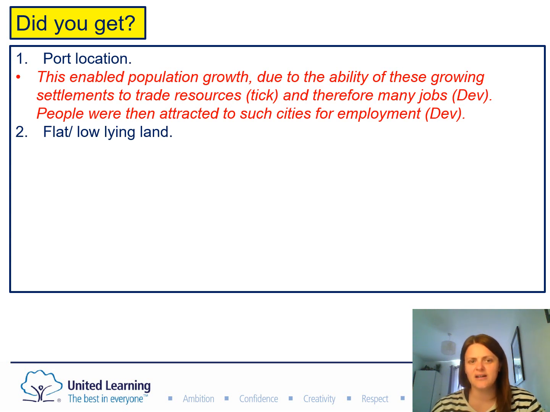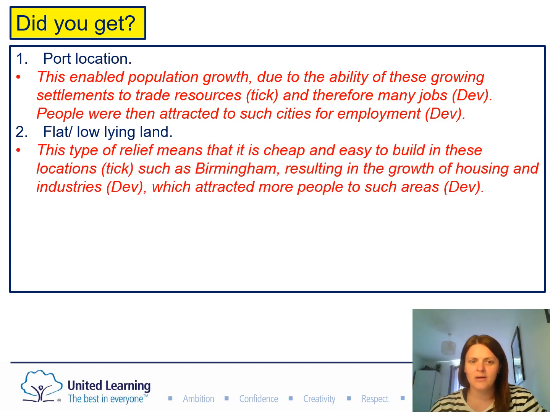Flat or low-lying land like Manchester, why do people want to go there? Well, if it's flat, this means it is cheap and easy to build in these locations, such as Birmingham and Manchester, resulting in the growth of housing and industries, which attracted more people to these areas. If you can build a house there, it's easy, so lots of people would want to go there, and it's cheap.